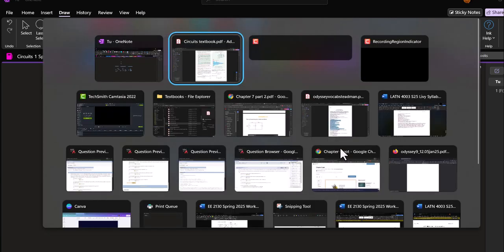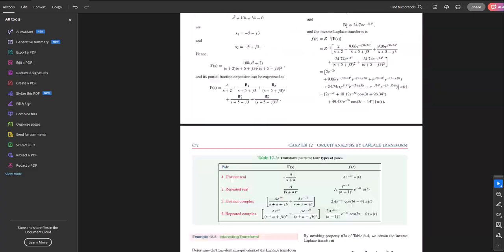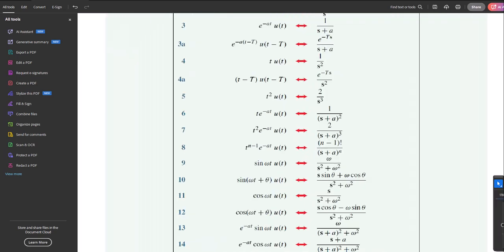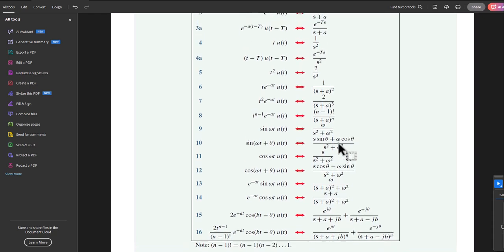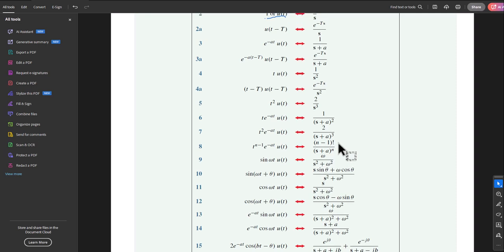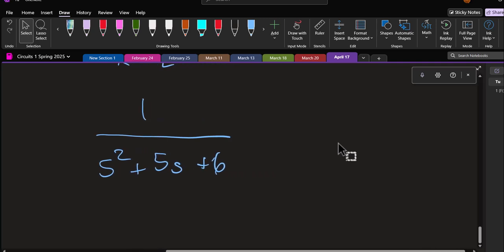You go to your Laplace transform table to get the inverse Laplace transform of that, and you see that there's nothing that looks like just a plain old quadratic. But you do have something that looks like 1 over s plus a. So if I can rewrite this into sums of individual things, then I can take the inverse Laplace transform of it.